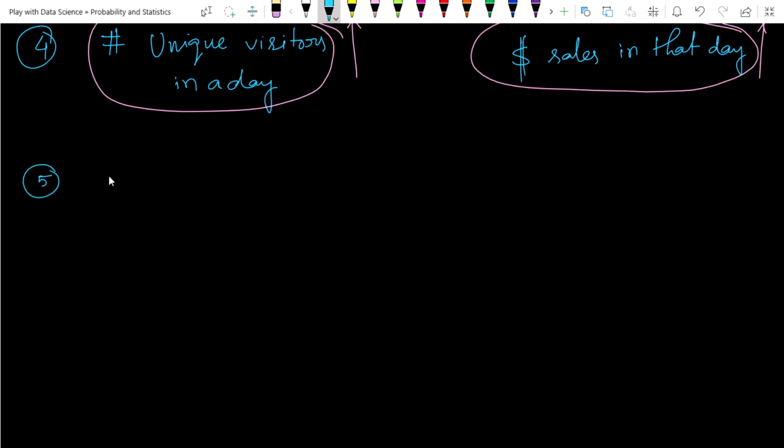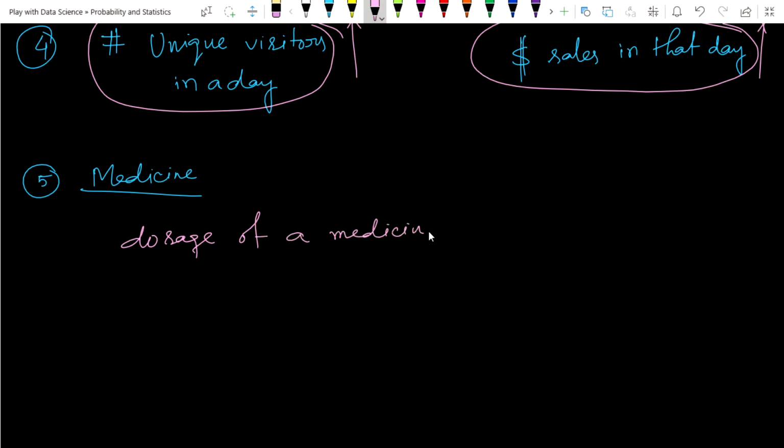Okay, so let's take medicines. In medicines, we want to find the answer about the number of doses of a medicine. It will be better if we write these things. The doses of a medicine are related to the reduction of blood sugar.